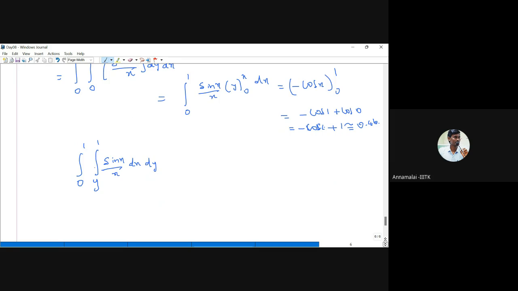The inside integration, the integral of sin x by x dx, cannot be expressed in terms of elementary functions. There is no general rule for deciding which order of integration will be good. Maybe we'll discuss in the next class how to interchange the order and change of variable. Okay, maybe I can stop now.